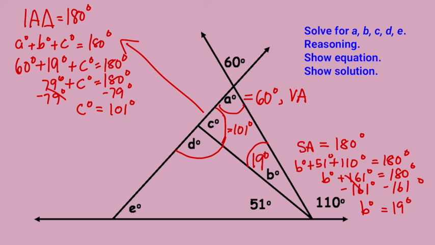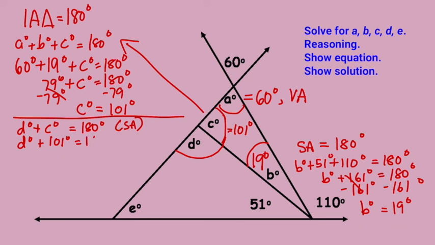Now let's solve for angle D. If you look over here, you will see that angle C and angle D are on a straight line. That means they are supplementary angles. So D plus C should total 180 degrees. We do not know what D is, but we do know what C is.